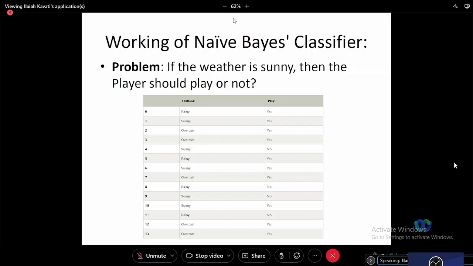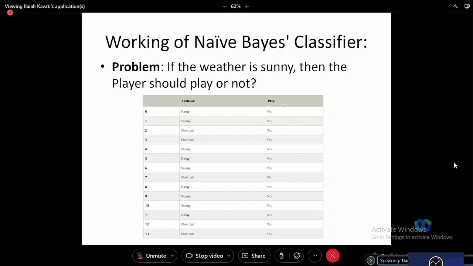So we'll see how the naive Bayes classifier will work. Here is a small data set. The data set consists of 14 records, 0 to 13, based on outlook, whether play tennis or cricket or some play is possible or not.